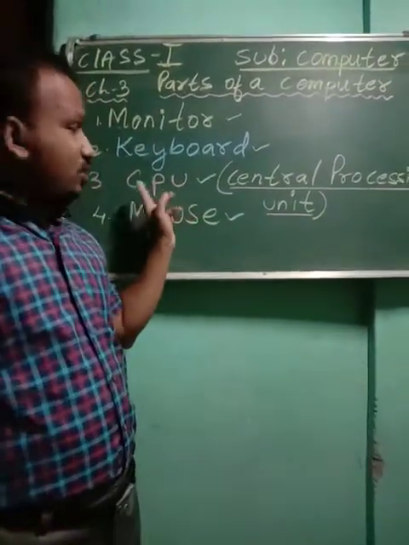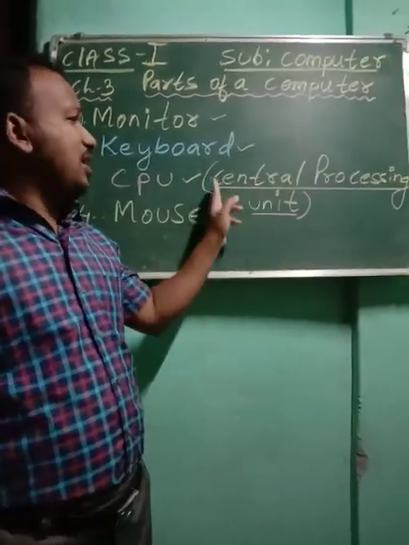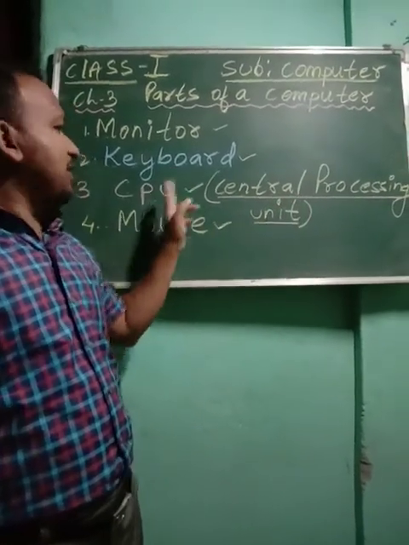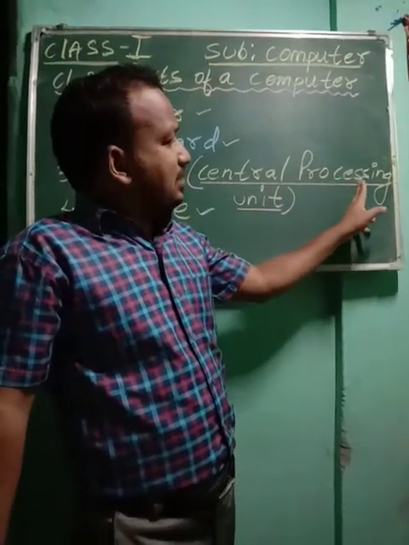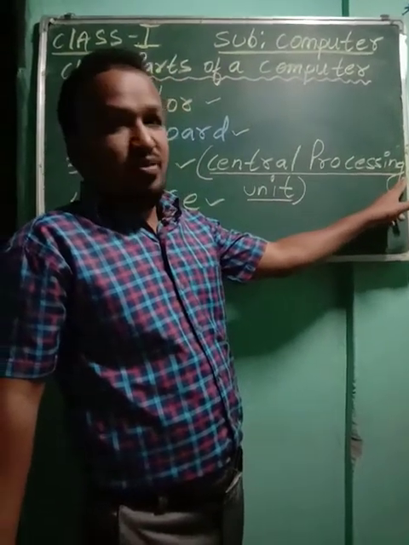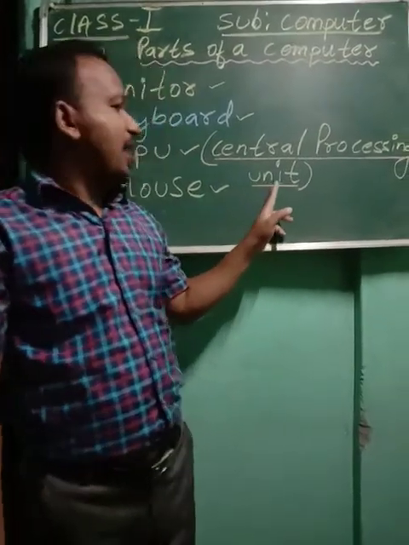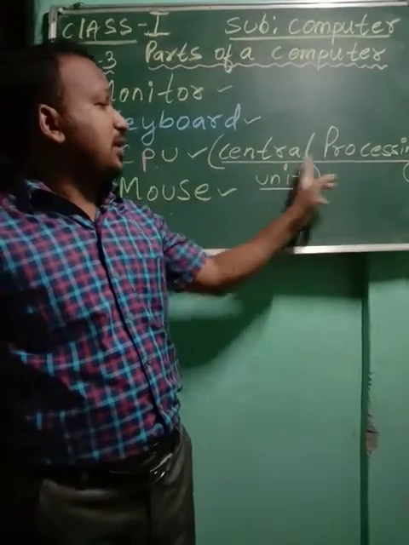So again I am saying, what is the CPU full form? C stands for central, CENTRAL, central. P stands for processing, PROCESSING, processing, and U stands for unit, UNIT, unit. So what is it? Central Processing Unit.